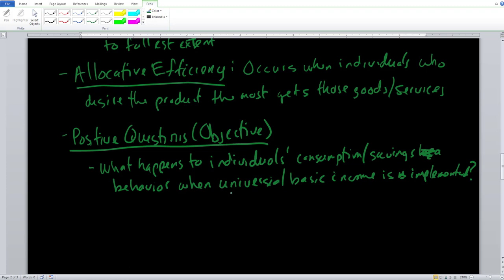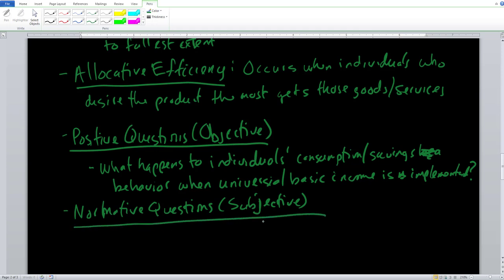However, we can always turn some type of positive question into a normative question. So how can we transform this question into something that is a little bit more normative? Normative questions, and remember that with normative questions, these are going to be a little bit more subjective in nature. Subjective meaning that there is no right answer, there is no wrong answer.